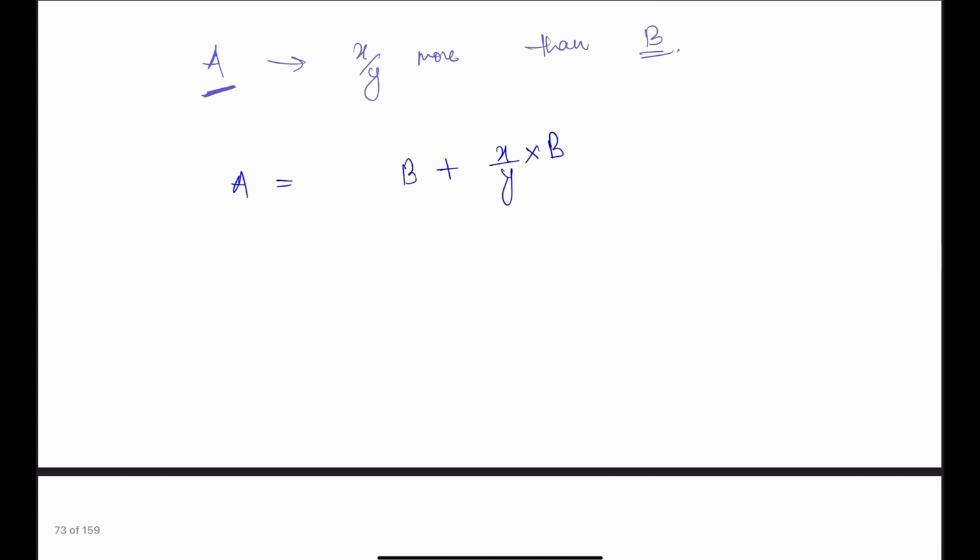So can we just rewrite it as B into 1 plus x upon y? Yes, we can write it.